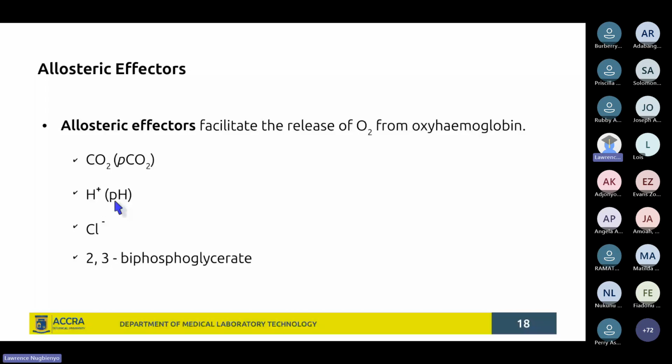Which means when we say hydrogen ions being released, these hydrogen ions should be coming out of the cell to the extracellular space. That is, into the plasma before you can have the red blood cell, specifically hemoglobin in the red blood cell, picking these hydrogen ions.